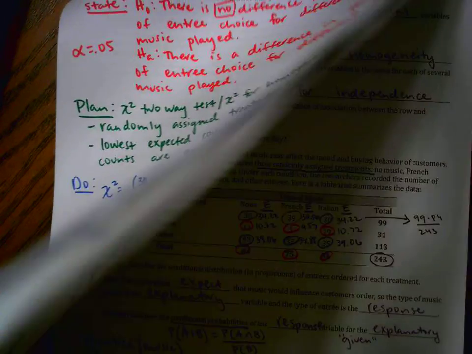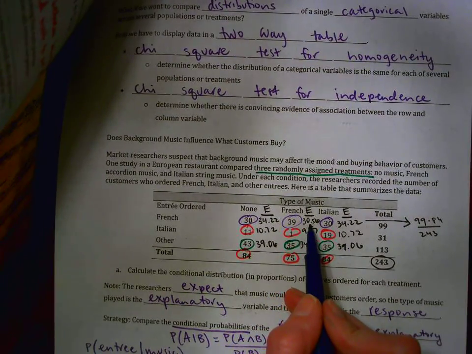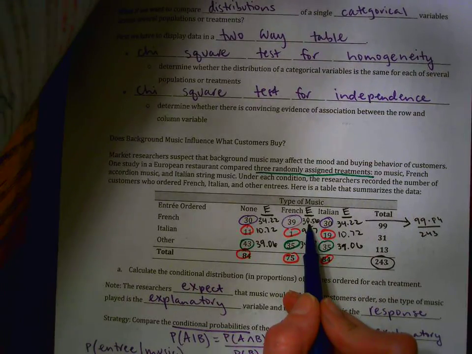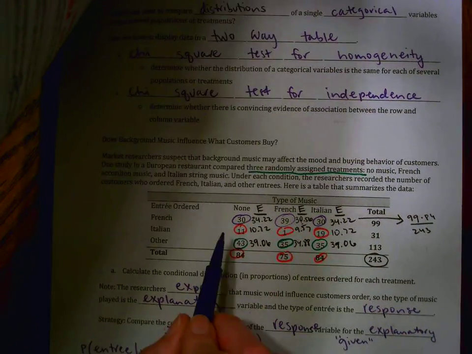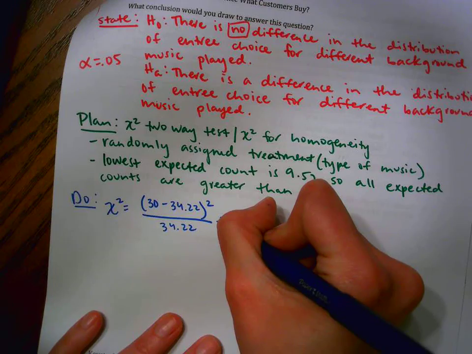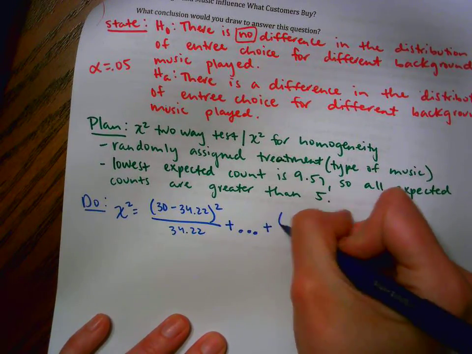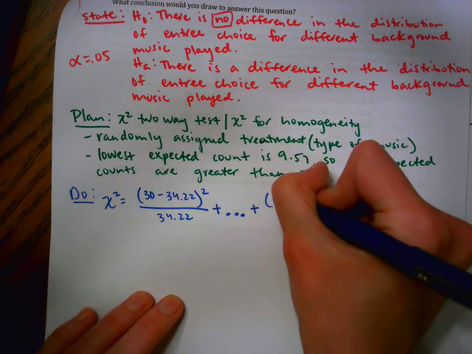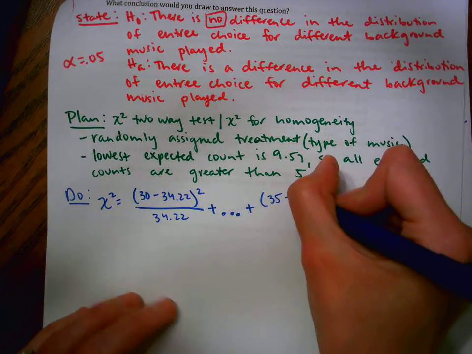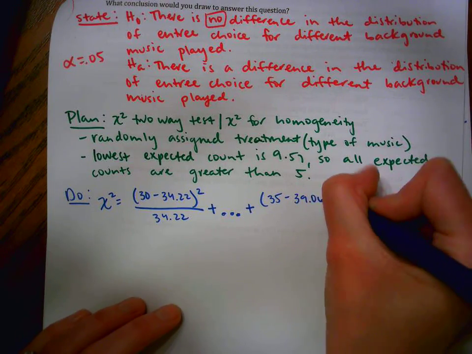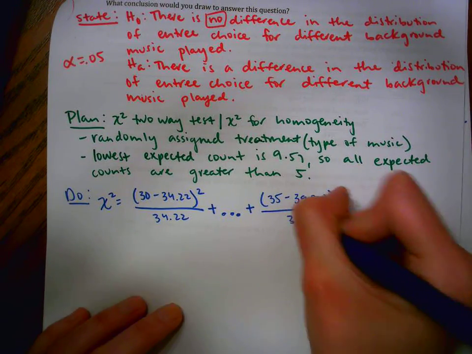We would do 39 minus 30.56 squared divided by 35.6 plus, and then you would have 9 of them. But I'm just going to put dot dot dot plus, and now I'll write the last one, which would be 35 minus 39.06 squared divided by 39.06.